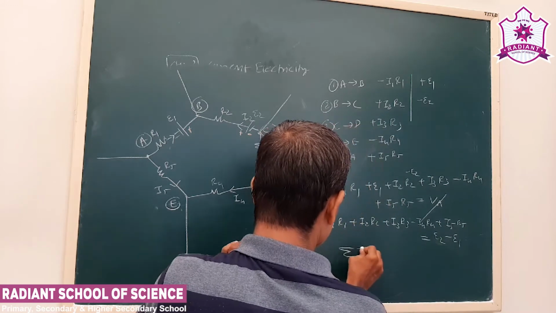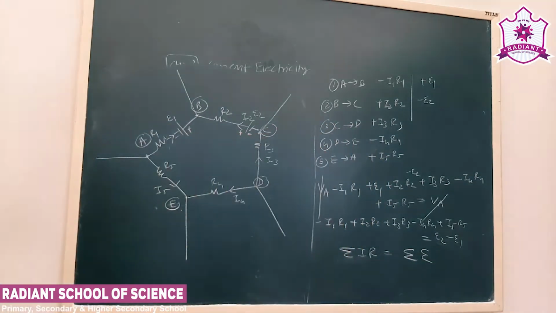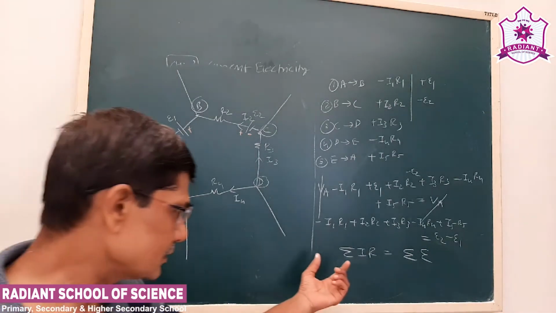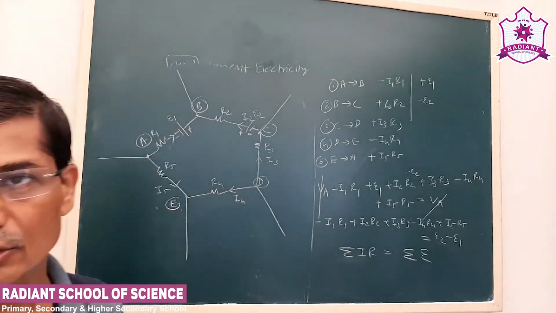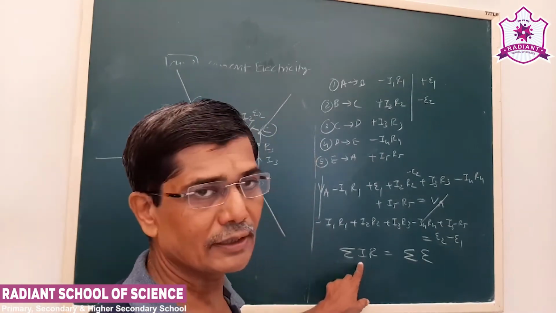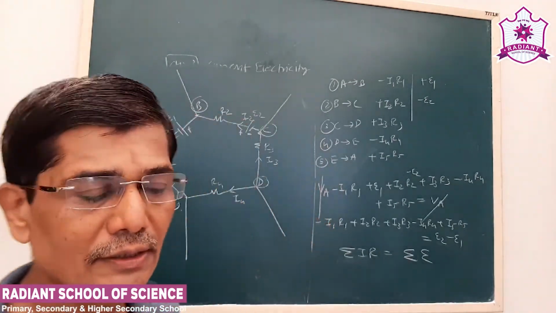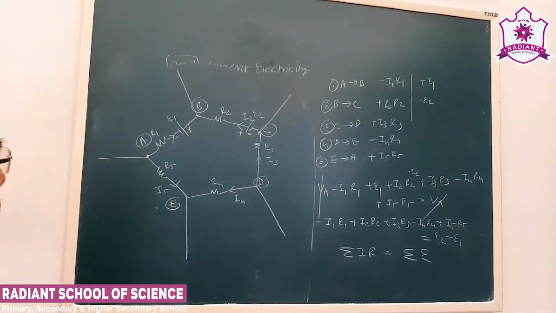So in that case our sigma IR is equal to sigma E. Sigma IR is the product of the resistance and corresponding current, and sigma is summation, equal to sigma E, that is the total EMF supplied in the circuit. So this is about Kirchhoff's second law.